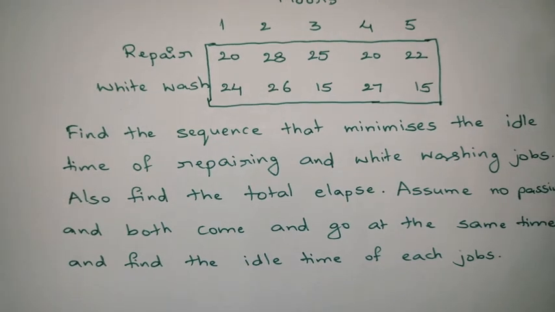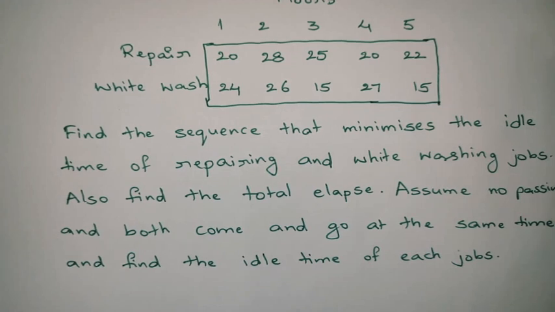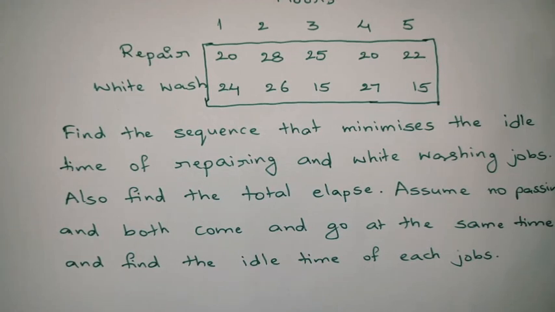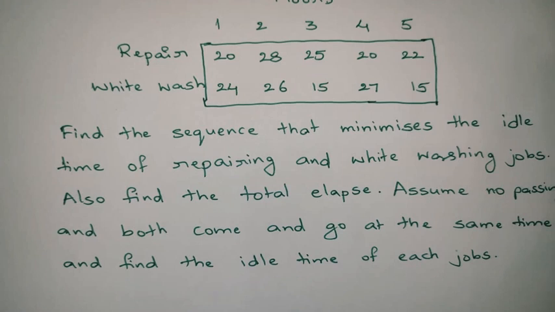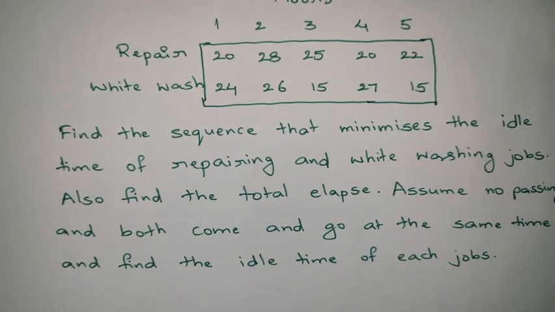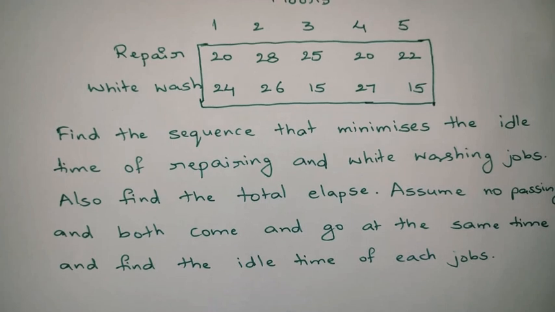So first of all, let us find the sequence of floors to be done. As you already know, for finding the sequence of any job, we use Johnson's algorithm.